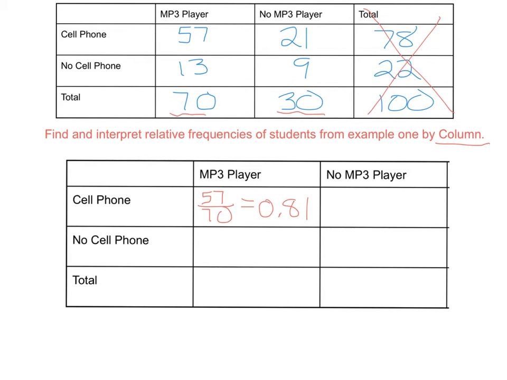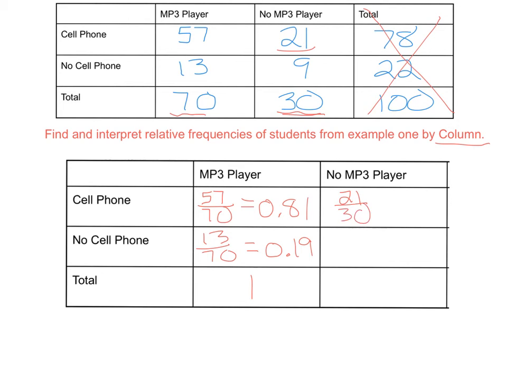Let's see, students that don't have a cell phone but have an MP3 player, 13 out of 70. We'll round to 0.19, and if you add those up, you should get 1. Alright, moving on, so students have a cell phone but no MP3 player, 21, and it's out of the total 30.